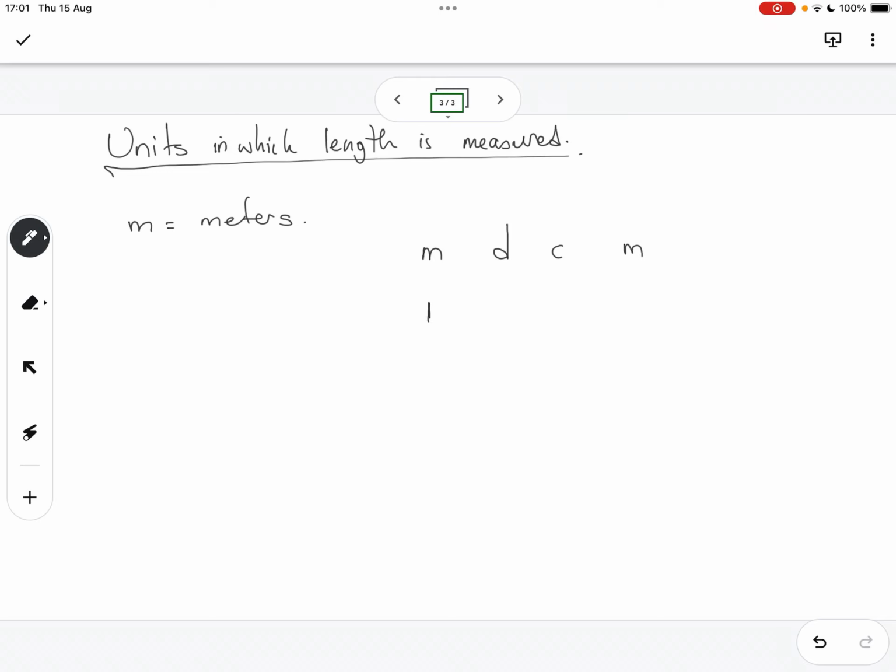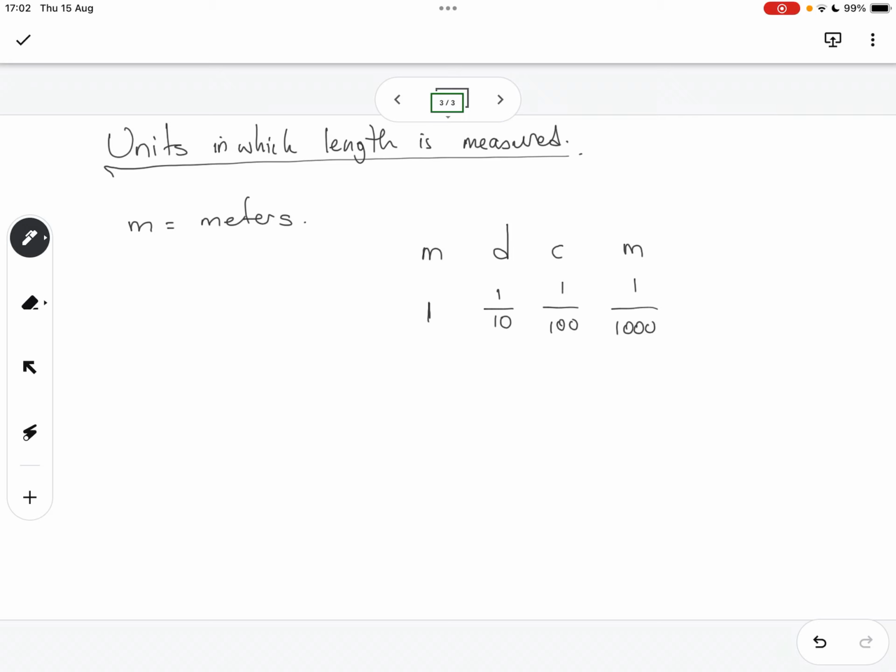Let me write it now. So this would be 1. This would be deci, meaning a tenth of, so 1/10 of a meter. This would be 1/100 of a meter. And this would be 1/1,000 of a meter.